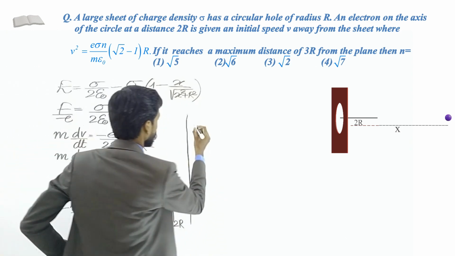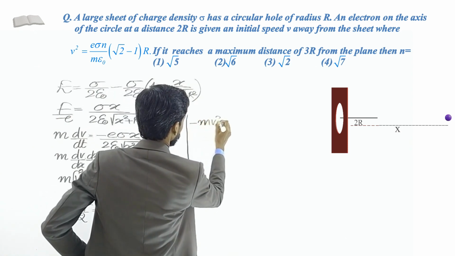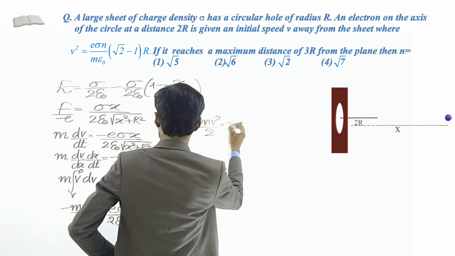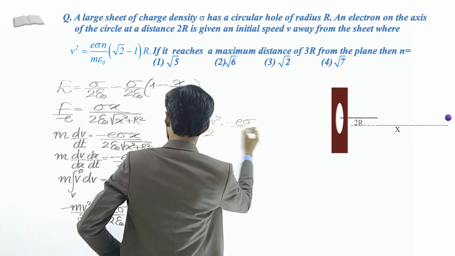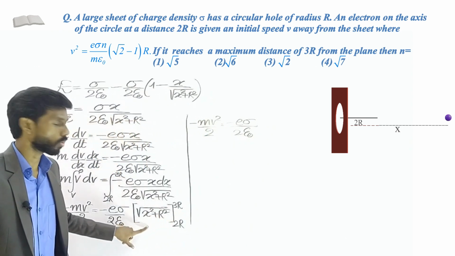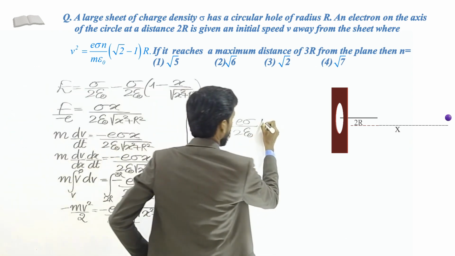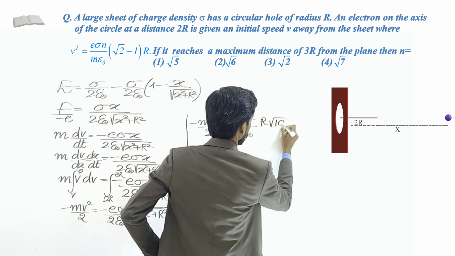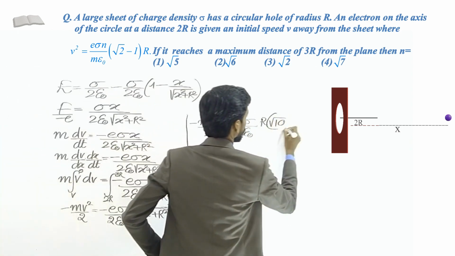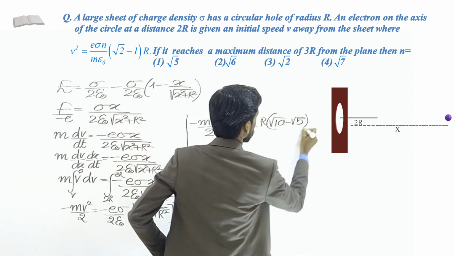Let me write it again. Minus m v squared divided by 2 equals minus e sigma divided by 2 epsilon 0 multiplied by r root 10 minus root 5 r.